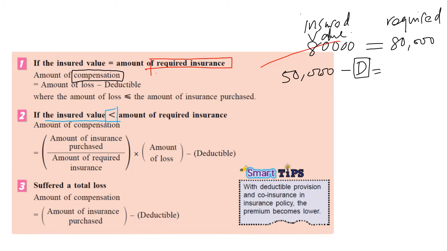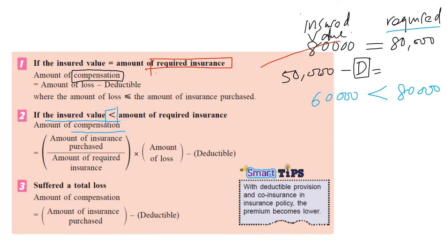Let's say the required amount is 80,000, but you are only able to insure your house for 60,000. So what happens?